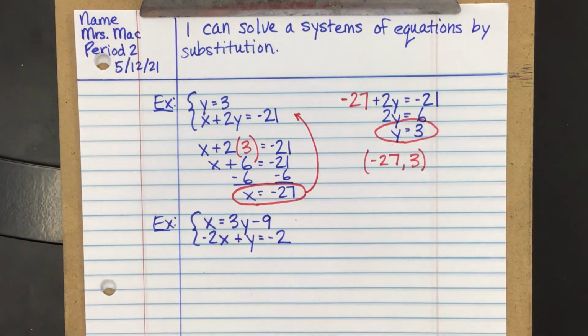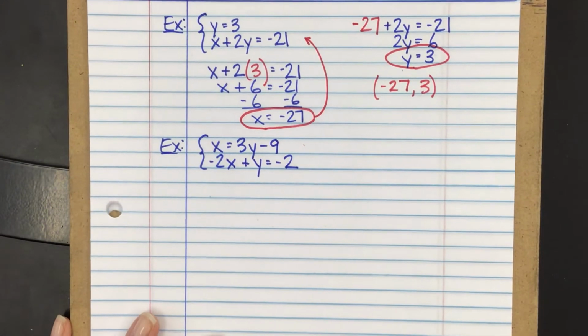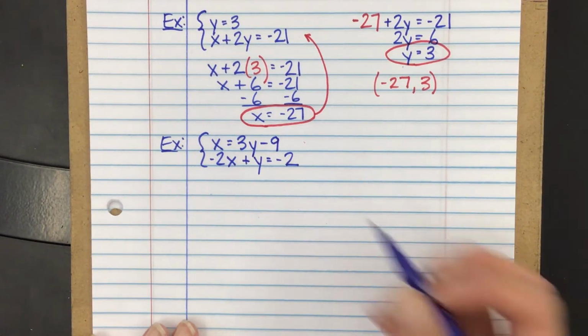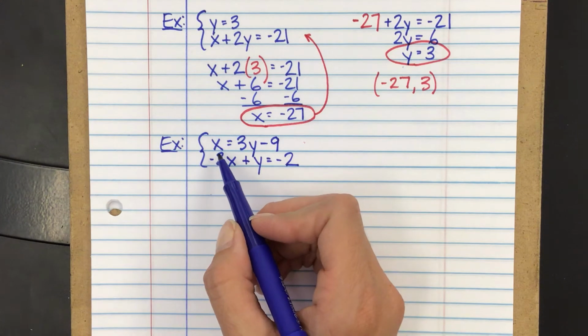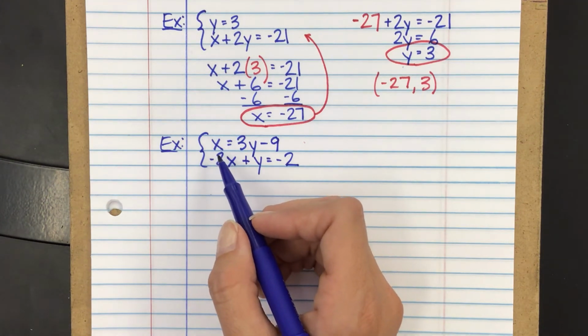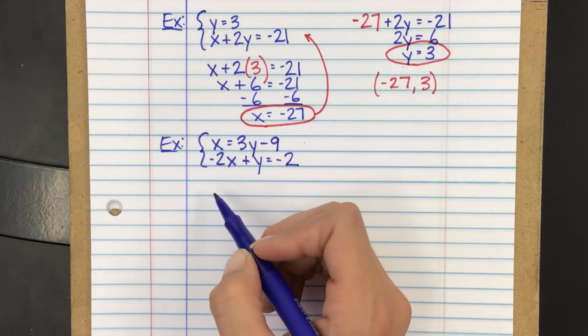Okay. Now this one is not quite as straightforward because it's not telling you just a numerical value for your variable. It's telling you it has a whole expression there. And actually it also works for x. It doesn't have to be y that's solved for. It can be x that's solved for. If there are any variables that are solved for, those are the ones you're going to use to substitute in.